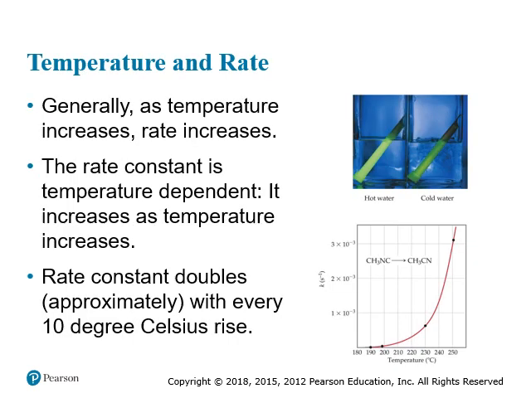Now, as I previously stated, in general, as the temperature increases, the rate of reaction will increase. The rate constant, the value of K, is indeed temperature dependent. At higher temperatures, once again, the value of K increases. Typically, the rate constant doubles for every increase in temperature of 10 degrees Celsius.